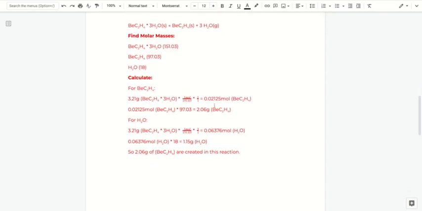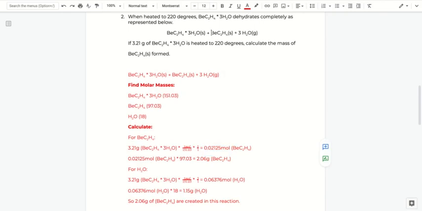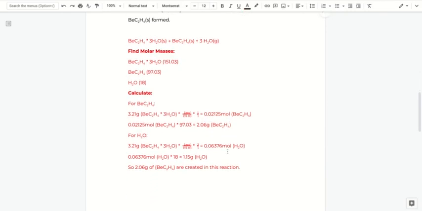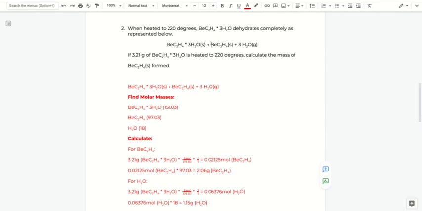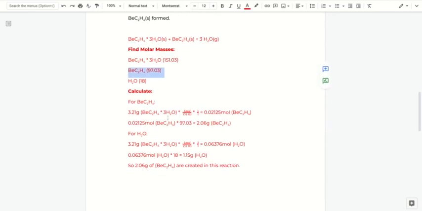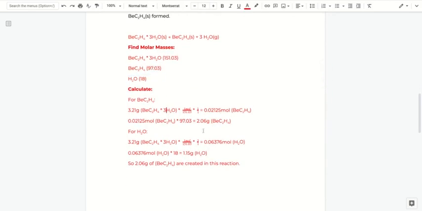And then I found that creates 0.02125 moles of this substance here on this other side of the equation. And then to find the gram amount for that, I took that amount and multiplied it by the molar mass of this here. So there's the molar mass. And that gave me the gram amount.